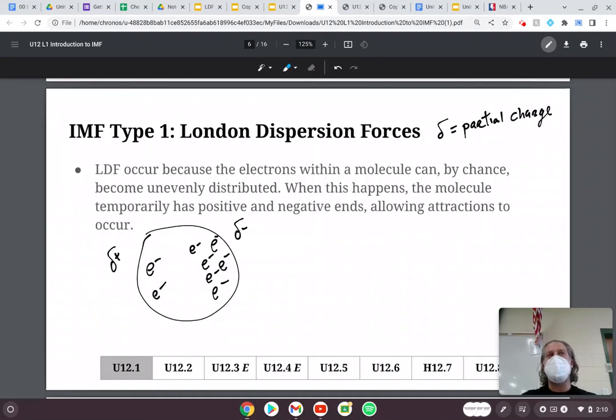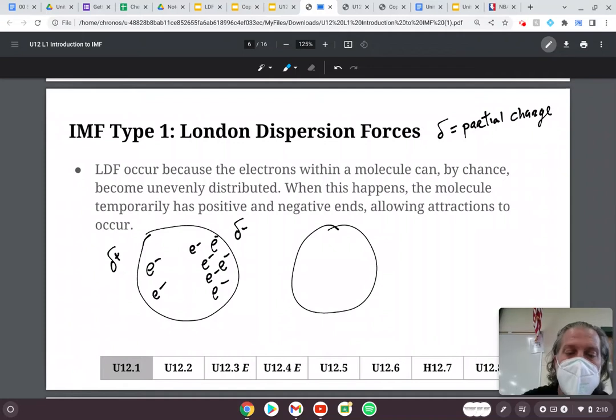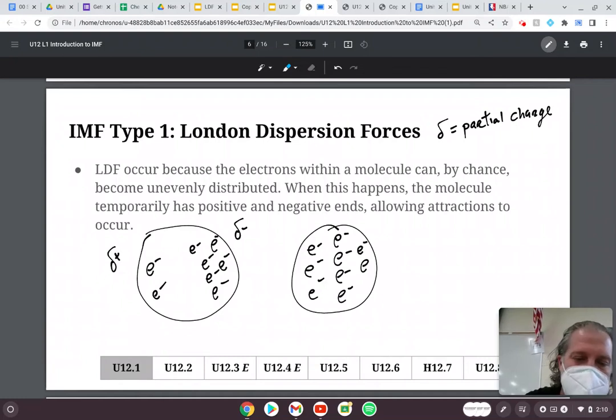So if I have 2 atoms that are near each other, 1, 2, 3, 4, 5, 6, 7, 8. I think there's 9 now. 1, 2, 3, 4, 5, 6, 7. Oh, whatever.